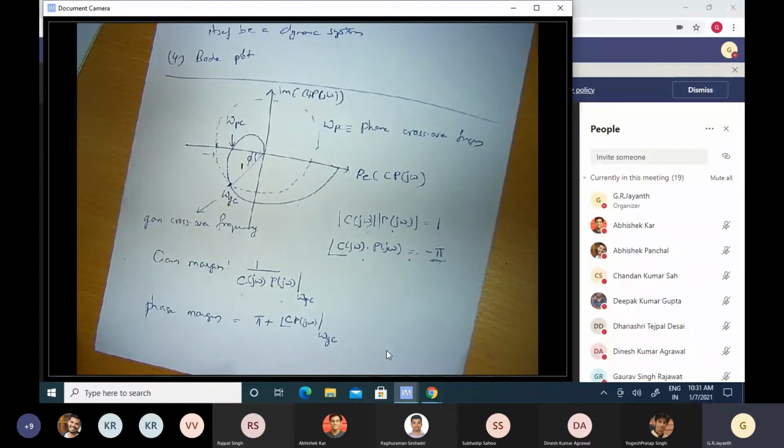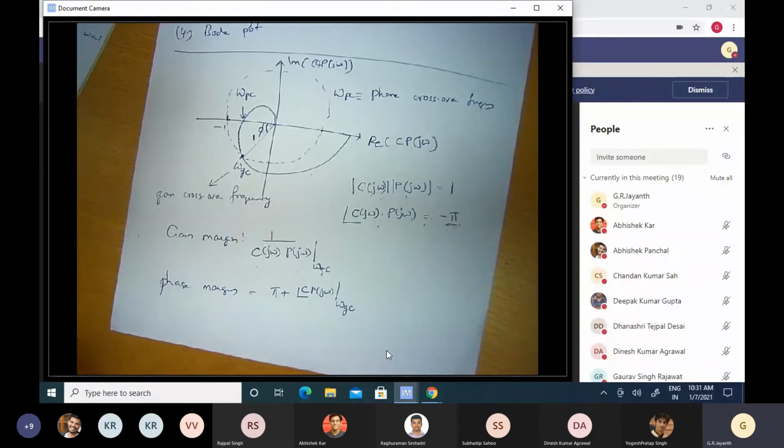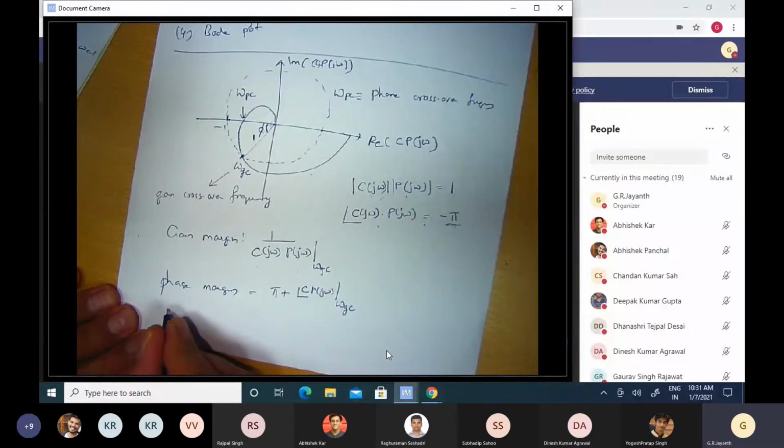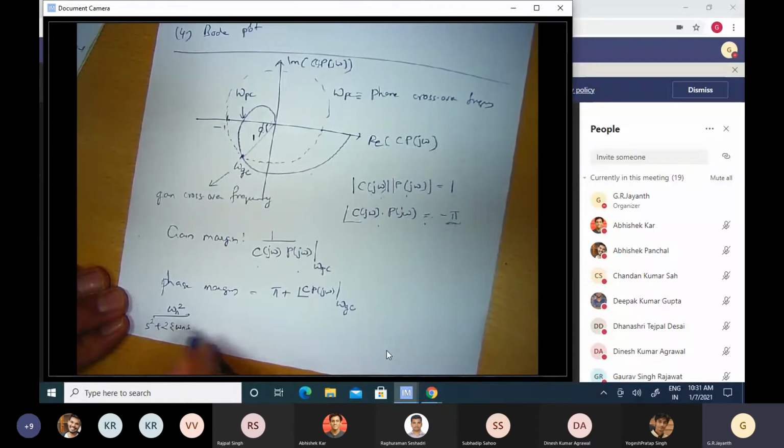I'm going to give you the expression right now. If I can model my closed loop system as a second order system, because there I have this pair of dominant closed loop poles, its transfer function will roughly look like omega_n^2 / (s^2 + 2 zeta omega_n s + omega_n^2).